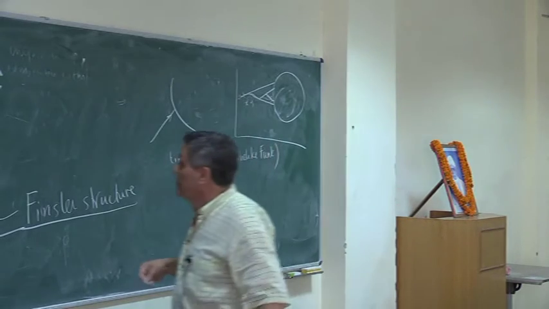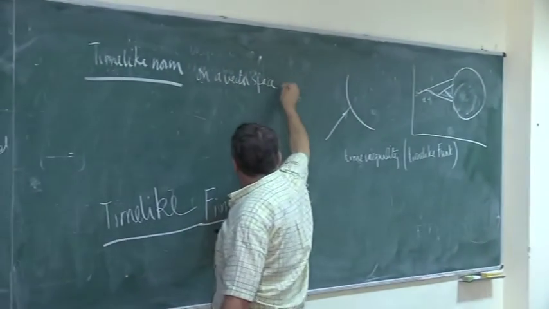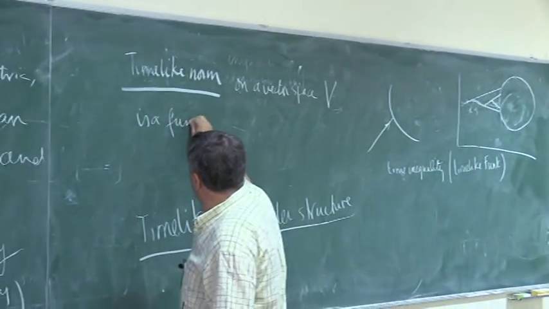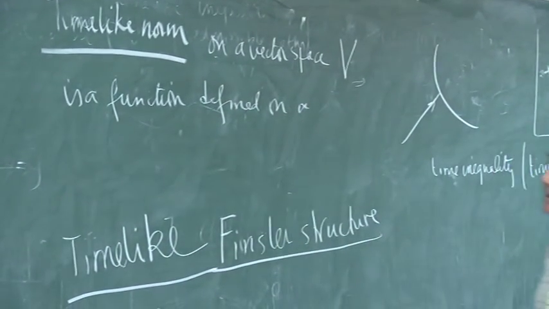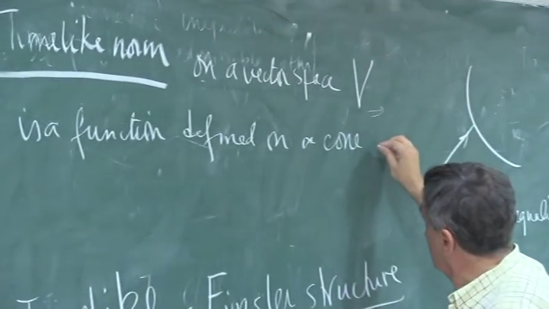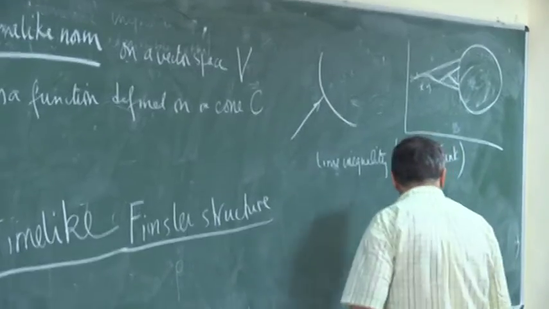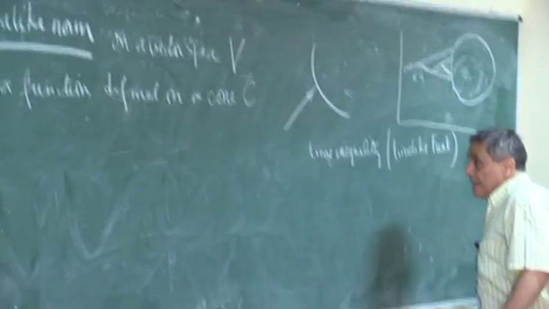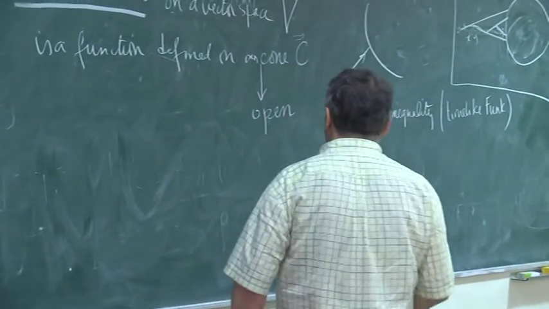Okay? So more formally, a time-like norm on a vector space V is a function defined on a cone C. In fact, I want to take here an open cone, and I want to take a proper cone.